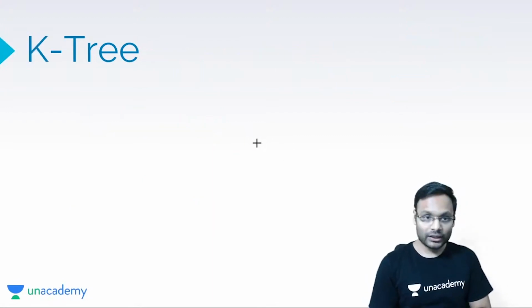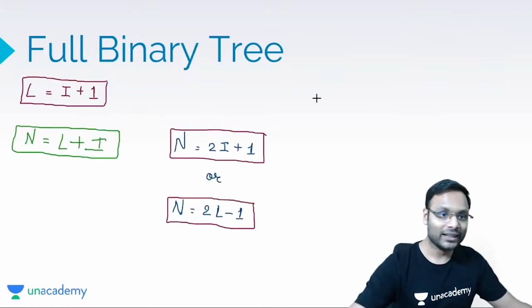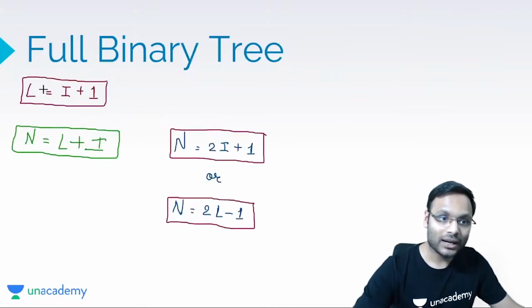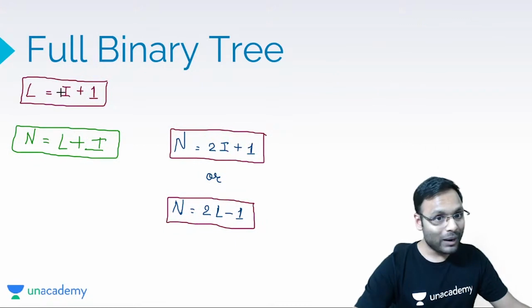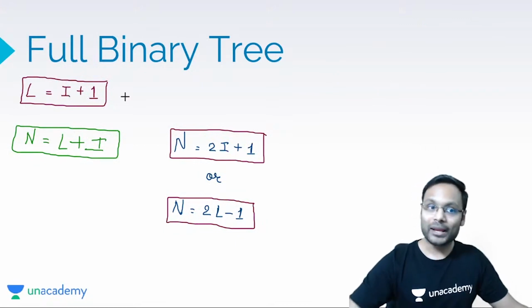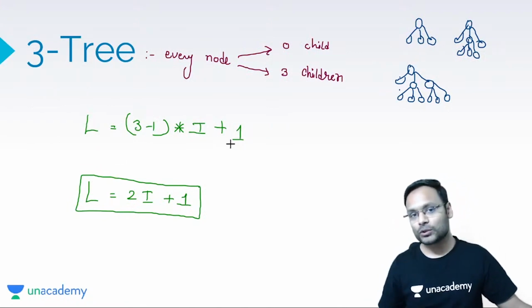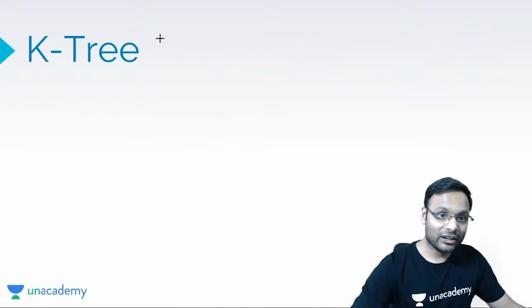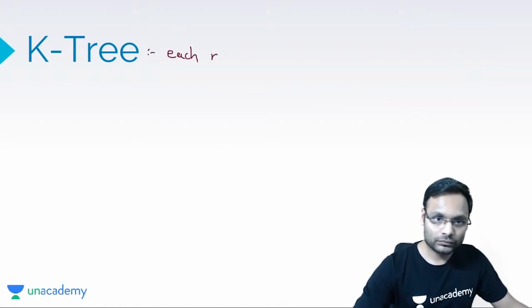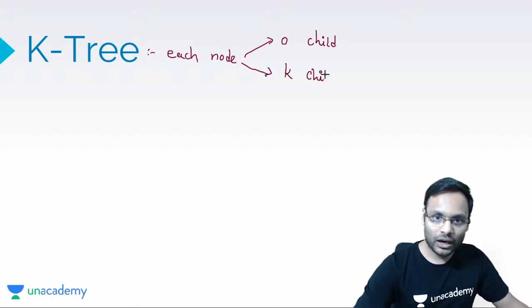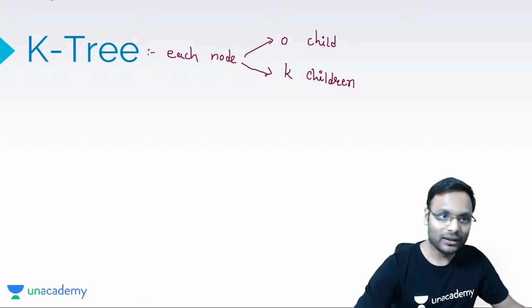Now the k-ary tree. In a binary tree the total number of leaf nodes is 2 minus 1 into I plus 1. For a 3-ary tree, 3 minus 1 into internal nodes plus 1. Then in a k-ary tree, where each node can have either 0 children or k children, how can you generalize the formula?